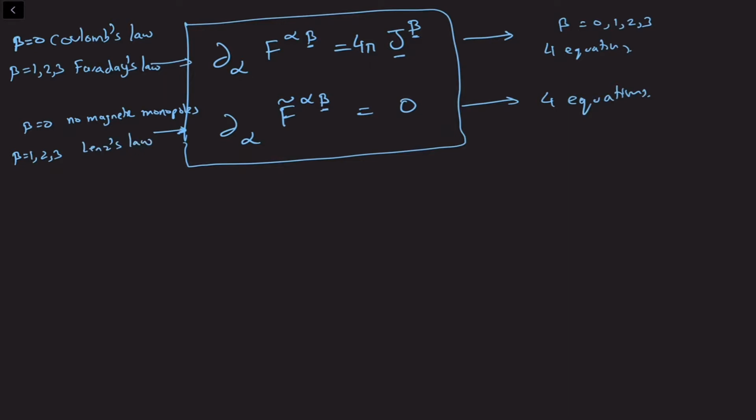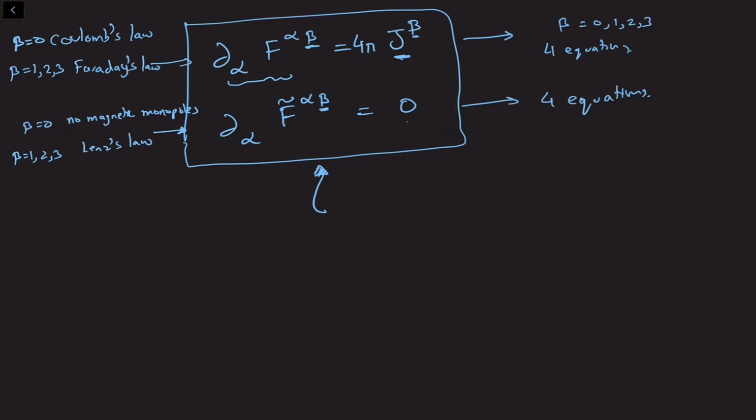Okay. And now, by the form in which this is written, we can see that this satisfies our criteria for a physical law, in that the left-hand side of this equation transforms like a 4-vector. There's only one free index beta. And the right-hand side of this equation also transforms like a 4-vector. There's only one free index beta. And similarly, in the second equation, there's only one free index beta for this 4-vector. And on the right-hand side, we're saying that this 4-vector is 0, so it transforms like a 4-vector.